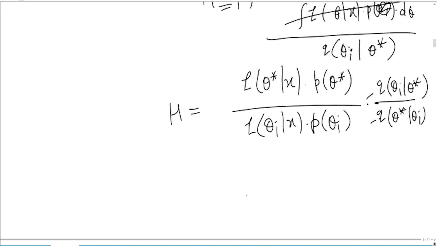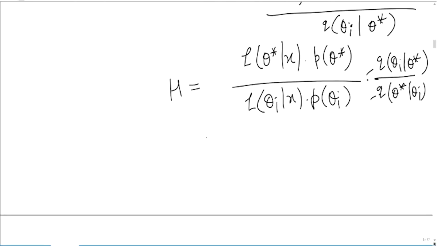So what this ratio is doing, it is calculating the actual ratio of posterior densities of the proposal that you have generated, and the current state of the chain based on the sample that you have already collected, right? So if h is greater than 1, what would it mean?